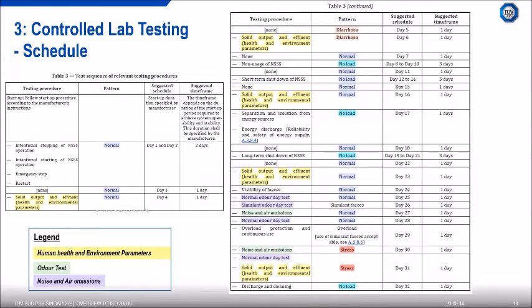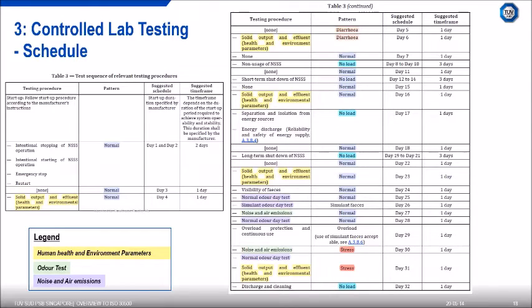So we have color-coded items for better visibility. In the GIS, there are a total of 5 days in yellow for human health and environmental parameters for solid and effluent outputs. There are 4 days of odor testing in purple, and then 2 days of air emissions and noise testing in green.